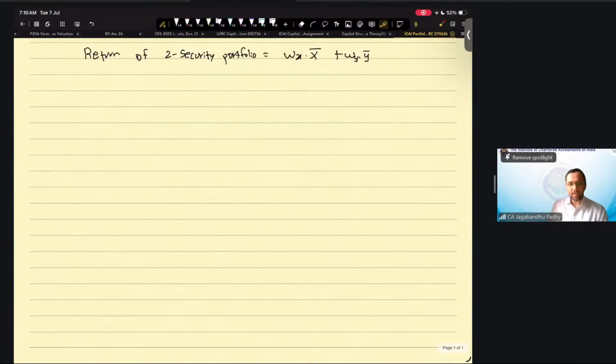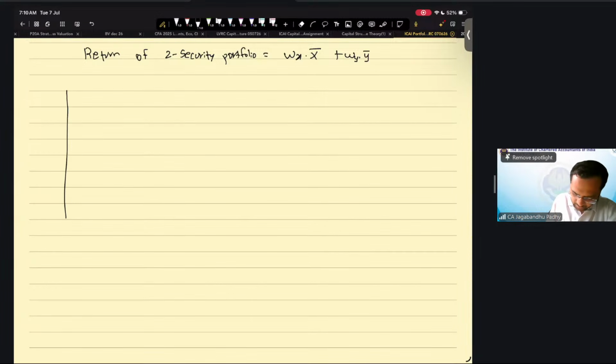Now, after that, we create the possibilities of portfolio risk and return with respect to various weights. And what we get is a chart or a graph like this.